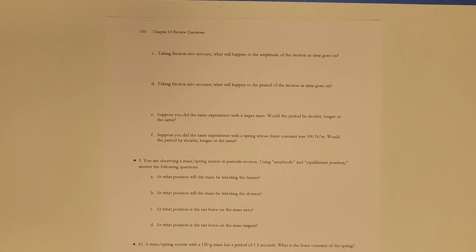For D, taking friction into account, what will happen to the period of the motion as time goes on? And the period, however, is not going to change because the period doesn't depend on the amplitude. The other way to see that is to notice that the equation for period has only m and k in it.